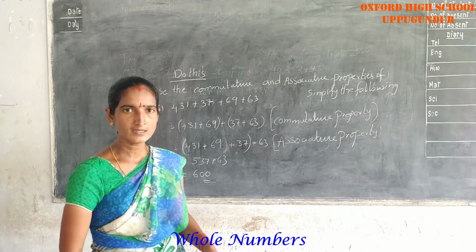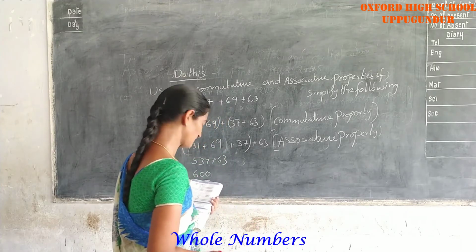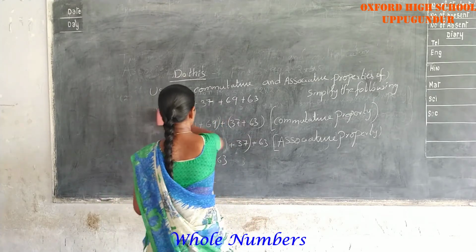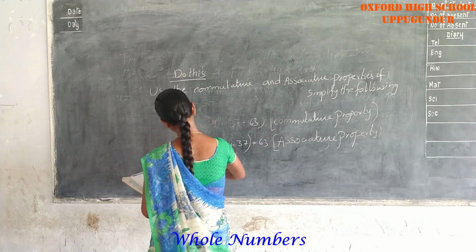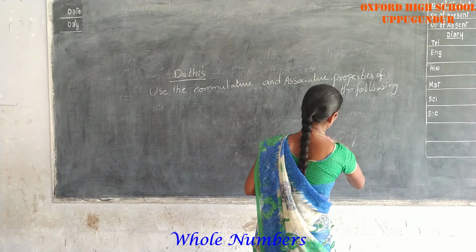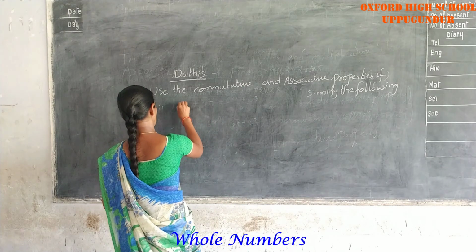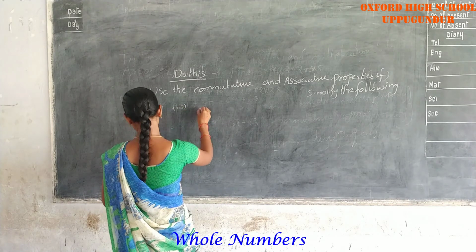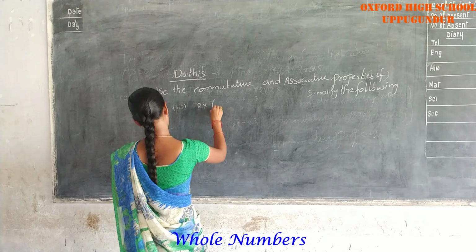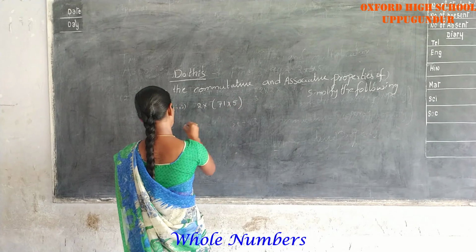Remaining 2 problems you will try. Third problem: 2 into 71 into 5.